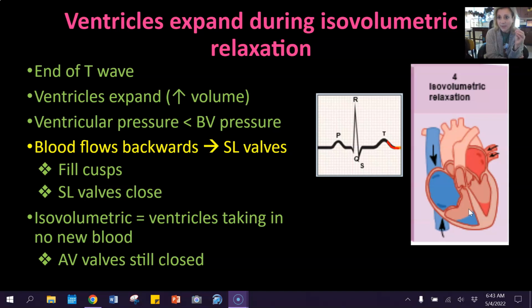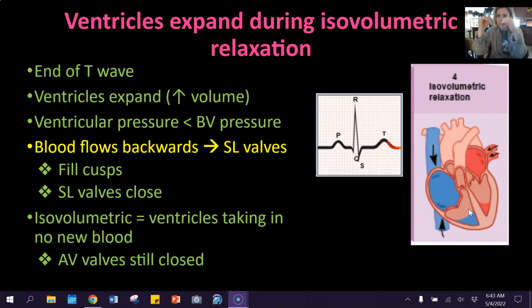So it's during this phase, when the ventricles relax, that the blood, especially in the aorta, comes back down. It's happening also in the pulmonary artery, but remember, that's deoxygenated blood, so that's not going to go into the coronary arteries. So we're talking specifically about the aorta here.